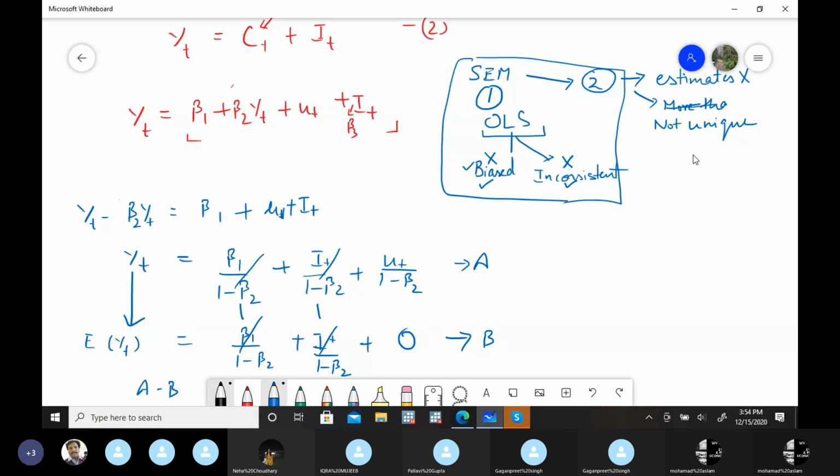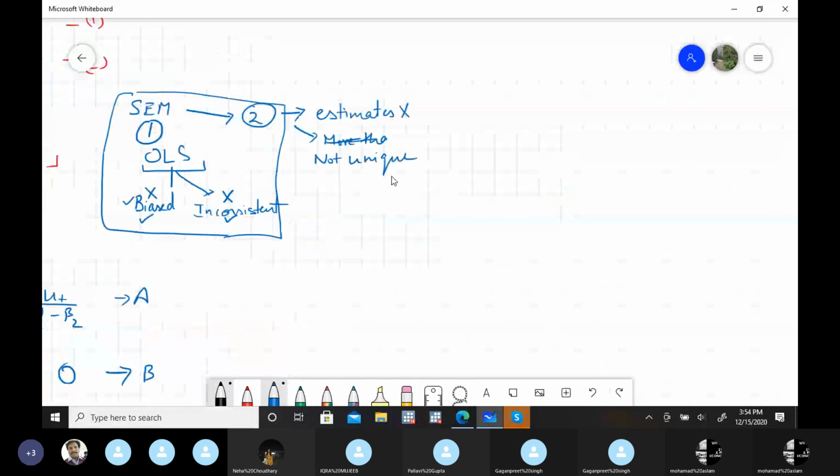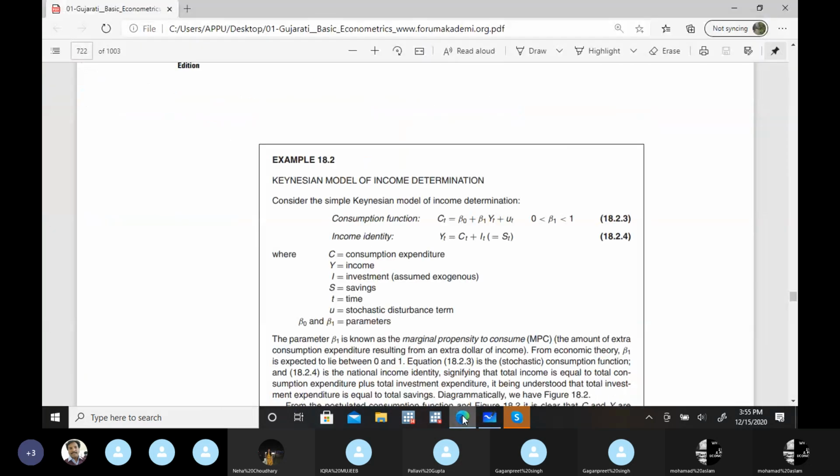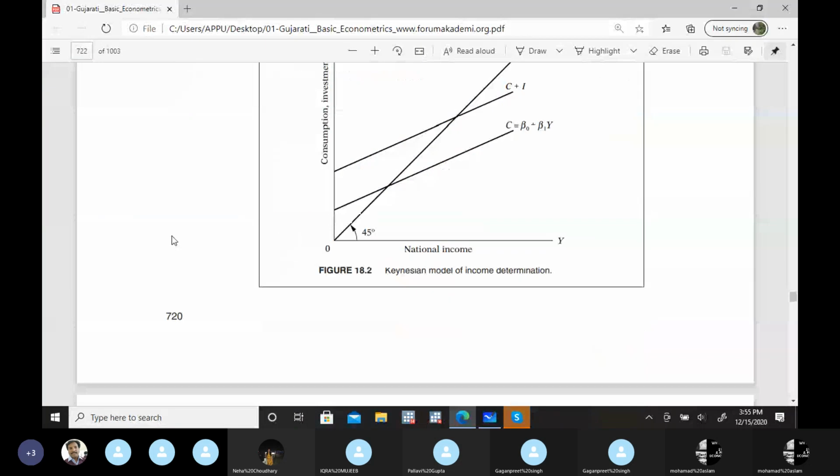For that, first we have to understand, for this second problem, endogenous variables and exogenous variables. Okay, let's take an example from the book.